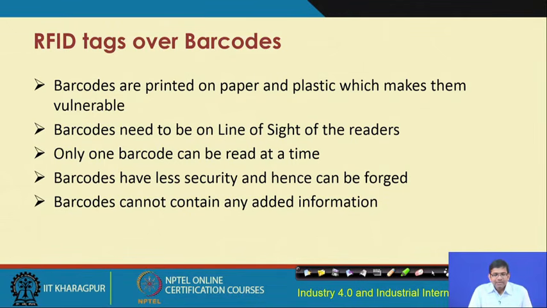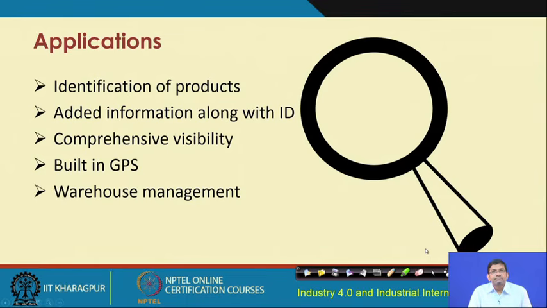So, RFID tags over barcodes is a mechanism that is popularly used, but is not the only mechanism. This is an alternative way of using these RFIDs. There are different applications of RFIDs in the inventory management and control process.